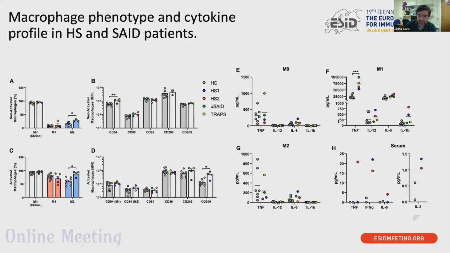More importantly, when we looked at the serum levels of some of these inflammatory cytokines, strikingly, both H2 patients secreted quite significant amounts of interferon gamma and also TNF.